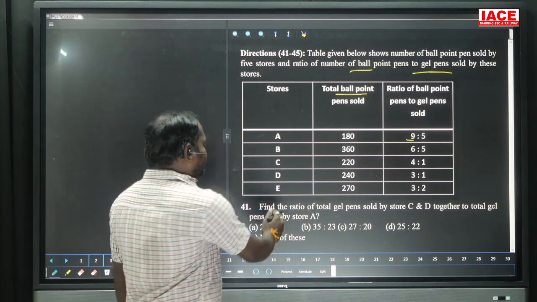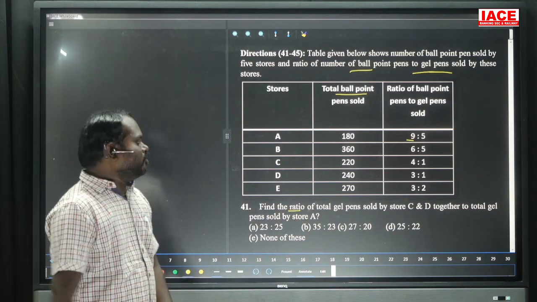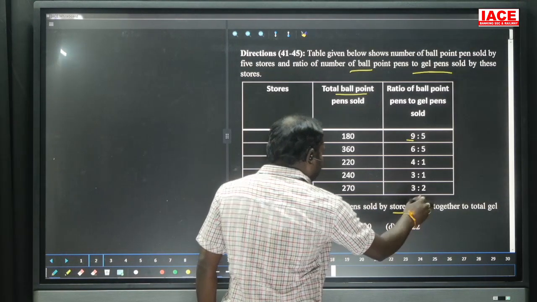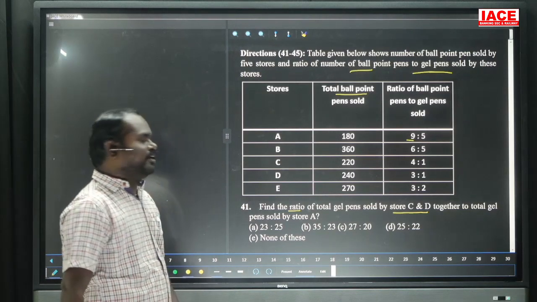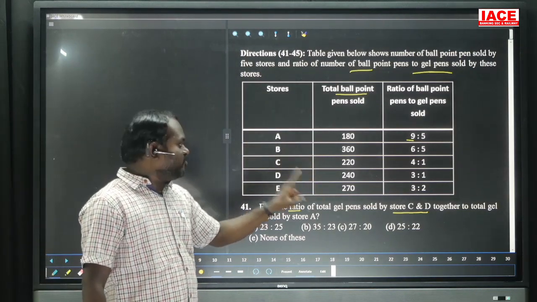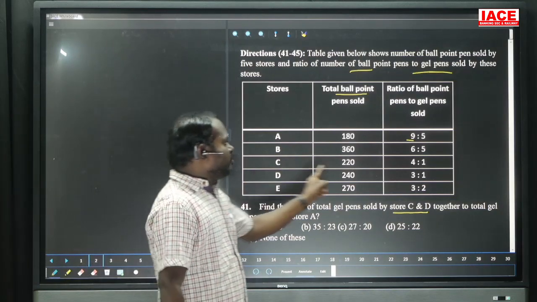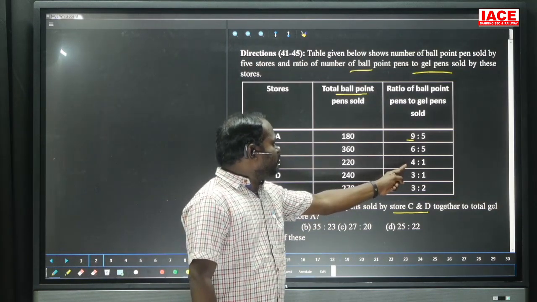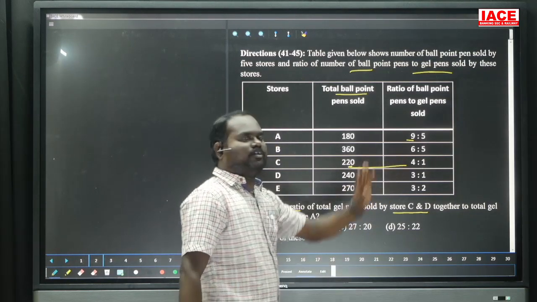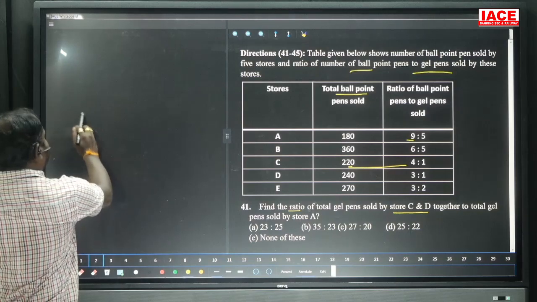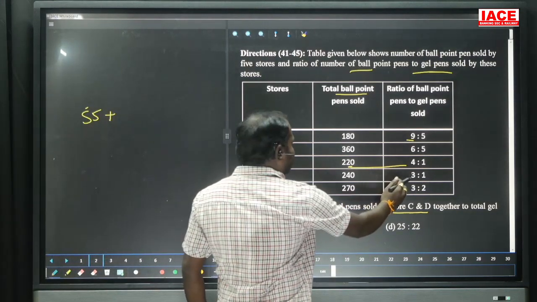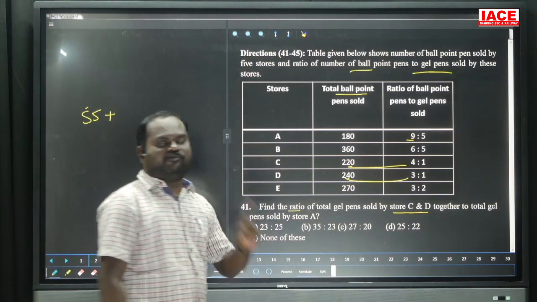Question 41: find the ratio of the total gel pens sold by store C and D together to the gel pens sold by store A. We know about ballpoint pens, so for C, 4 parts is equal to 220, then one part will be 55. For D, 3 parts is 240, so one part will be 80.